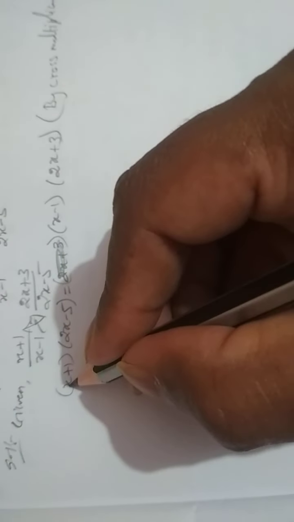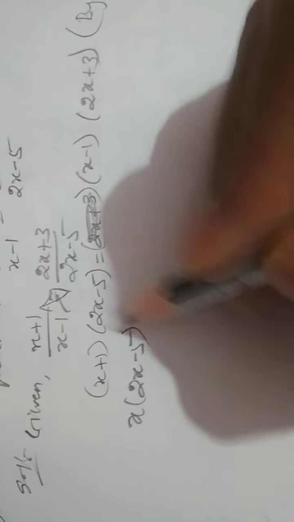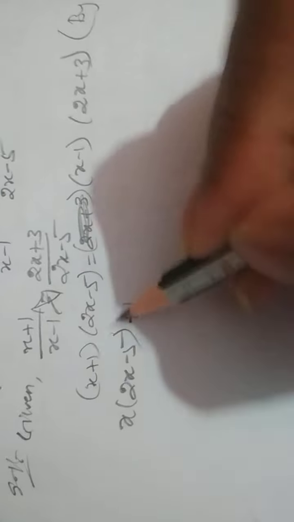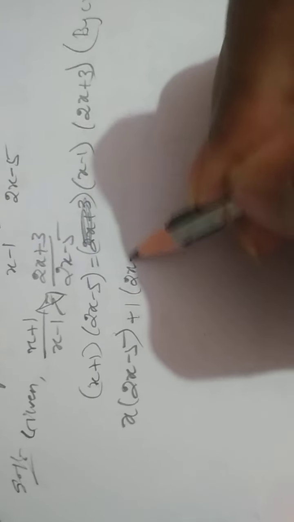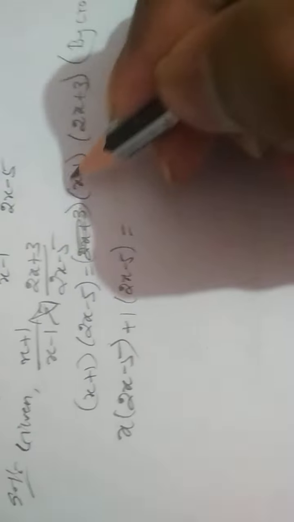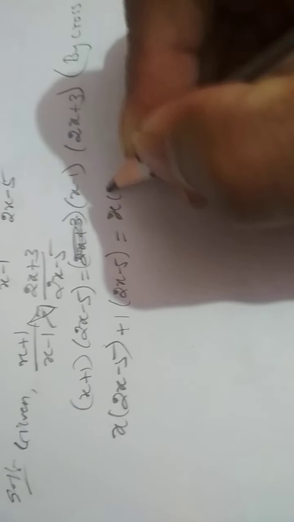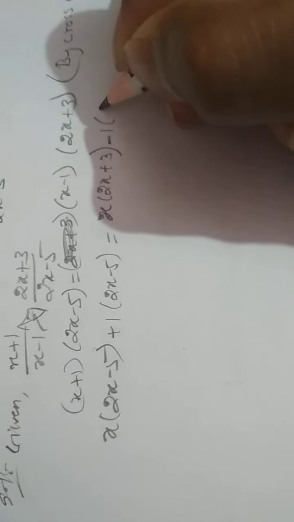First x into 2x minus 5. Next plus 1 into 2x minus 5 is equal to again x into 2x plus 3, next minus 1 into 2x plus 3.